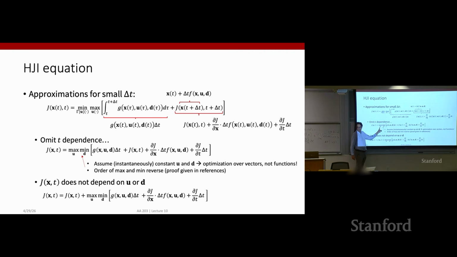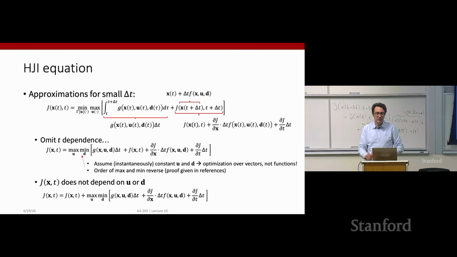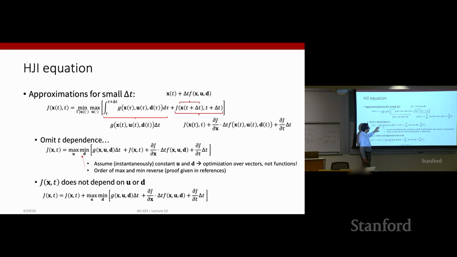That's a part that is hard to swallow. It would require a much deeper proof. But the idea is that we're trying to be consistent with our assumption that player 2 is the one that has the advantage. You give the control, and then the disturbance reacts optimally. And so the problem changes from min-max to max-min.